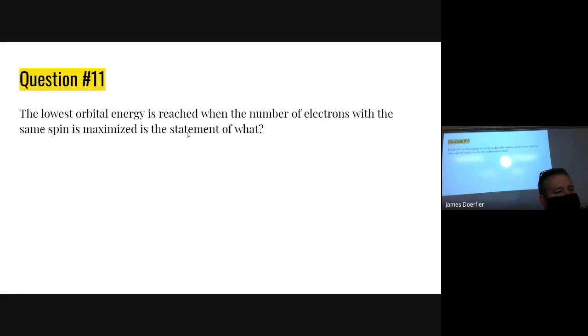Question 11. The lowest orbital energy is reached when the number of electrons with the same spin is maximized. Is the statement of what? I'm going to ask you this question. Let me know what that is. We just talked about it Friday.